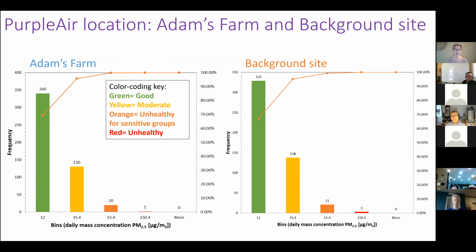And the really good thing is that when we look at this data, we see that the vast majority of days fall into the good or moderate air condition standard. And this is great because the EPA designates that air quality of the good or moderate condition is acceptable. So this means that residents of Adams Farm and at the background site are likely not experiencing health impacts over a majority of days in this region.